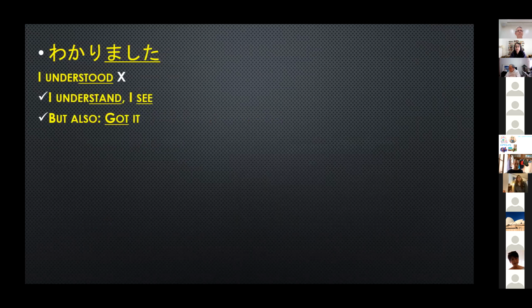Wakarimashita. Look, in Japanese here, wakarimashita is in the past tense. But in English, we don't say "I understood," usually. We say "I understand" or "I see." In Japanese, the idea is that this was said or conveyed a moment ago, therefore it's already in the past.